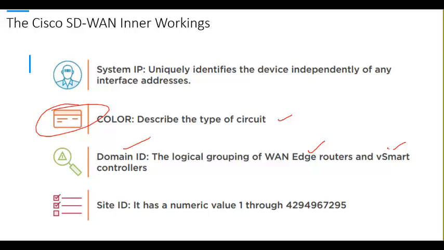To avoid that, we have this domain ID. You may have a very large network across the globe, a big geographical area, or you may have a small SD-WAN fabric within a data center. This domain ID helps you to synchronize with the right vSmart.